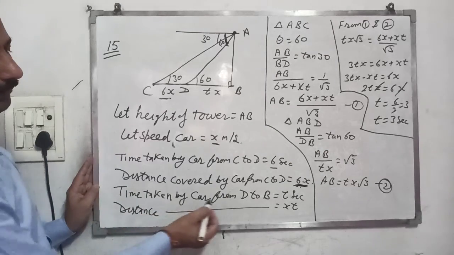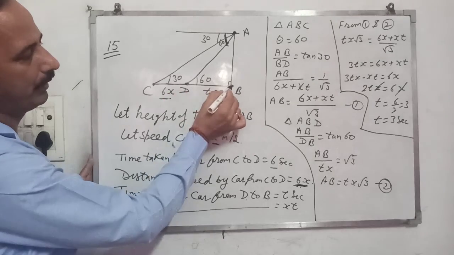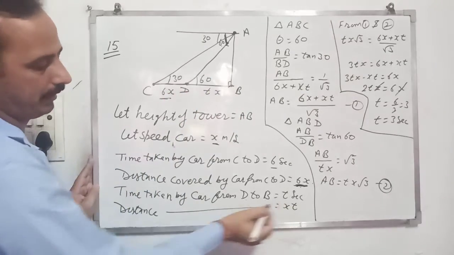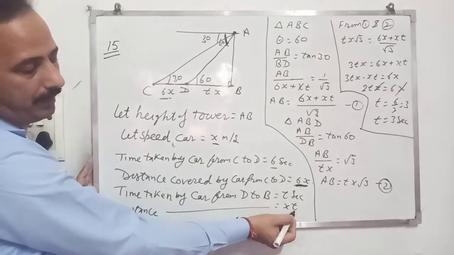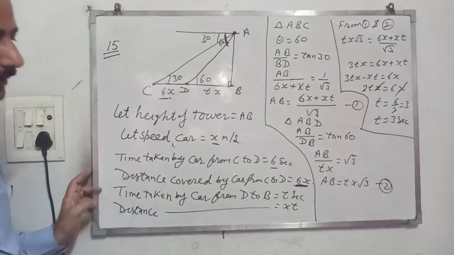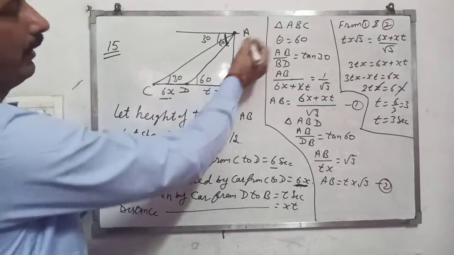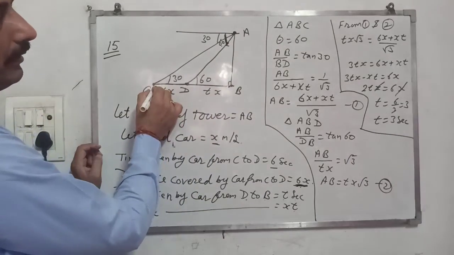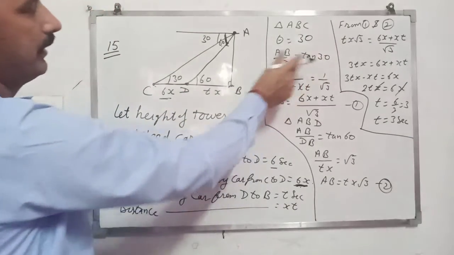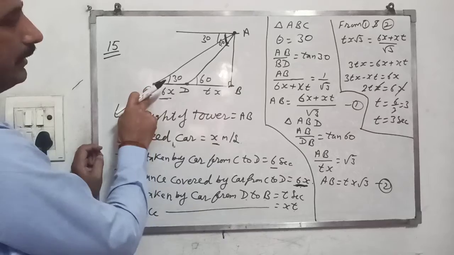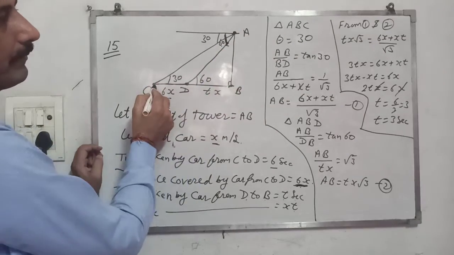So let the time taken by the car from point D to point B be t seconds. It means the distance covered by the car is xt, right? Now we can use the triangle ABC. Here the angle is 30 degree, AB upon BC.